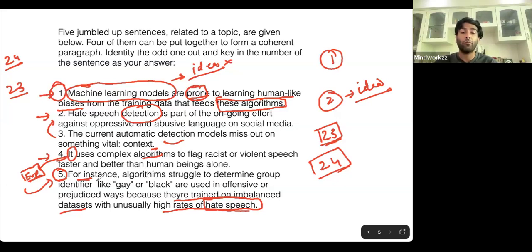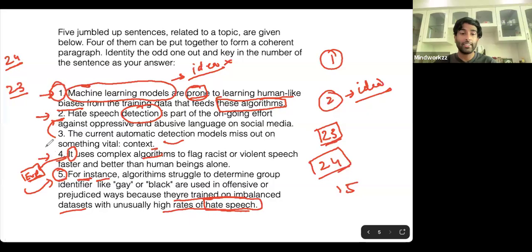And then you have, for instance, algorithms struggle to determine group identifiers like gay or black are used in offensive or prejudiced ways because they're trained on imbalanced data sets with unusually high rates of hate speech. So sentence 1 and 5 link very nicely, right? And you know that sentence 2 is talking about detection of hate speech, and sentence 4 is talking about complex algorithms, right?